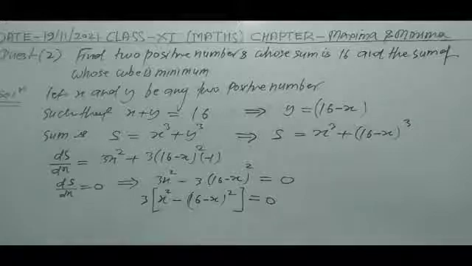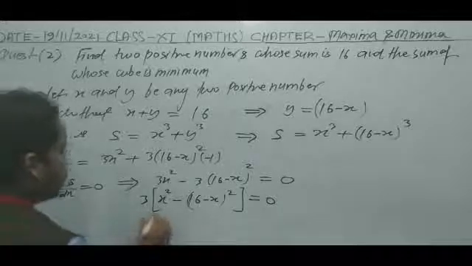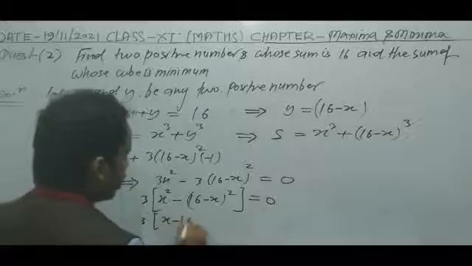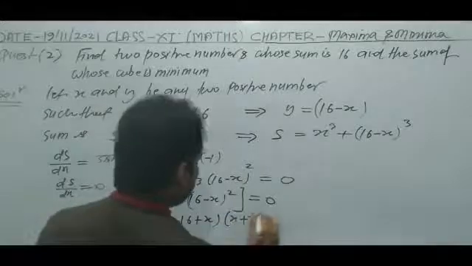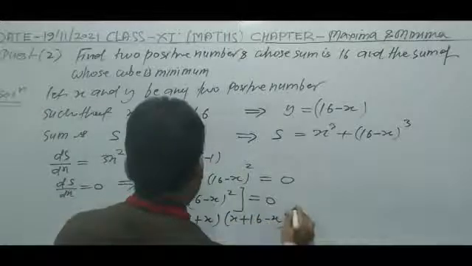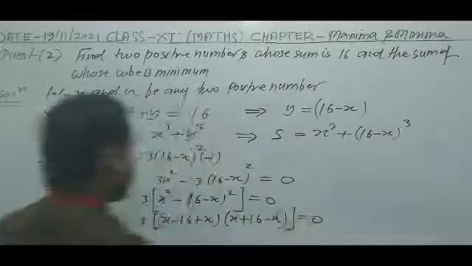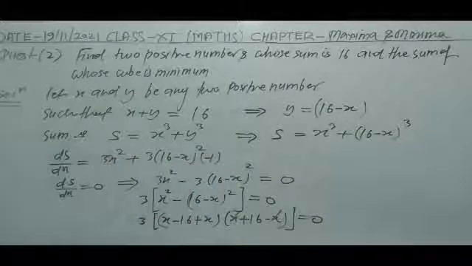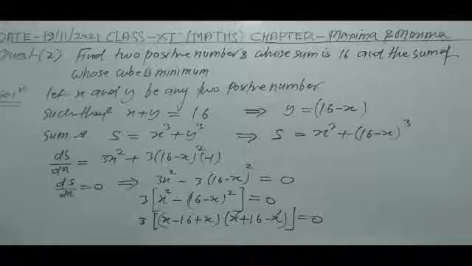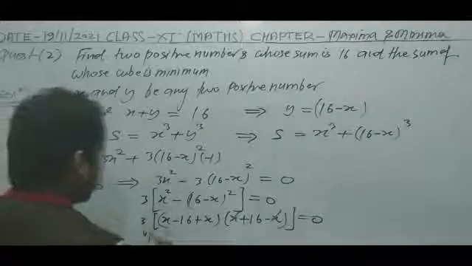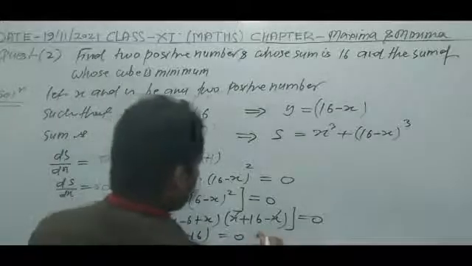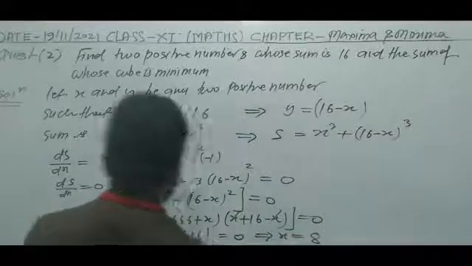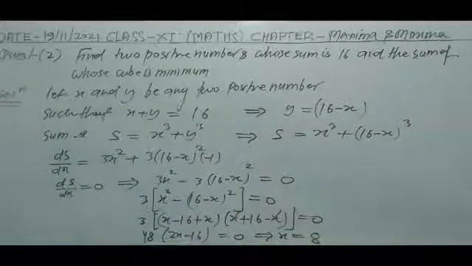When you simplify using the formula (a minus b)(a plus b), you get (x minus (16 minus x))(x plus (16 minus x)). The minus x plus x cancels, so 48 times (2x minus 16) is equal to 0. This implies x is equal to 8.